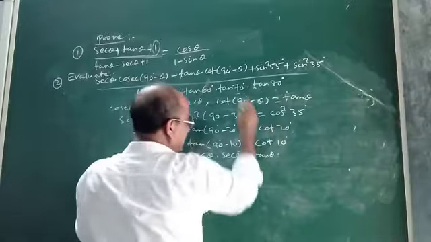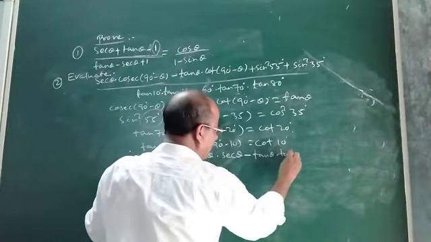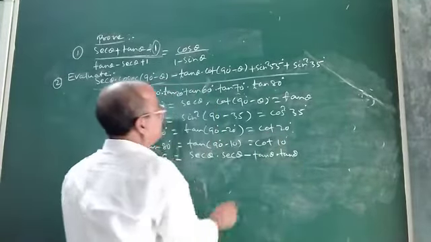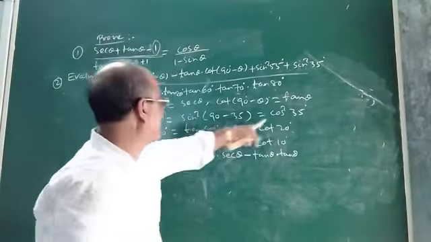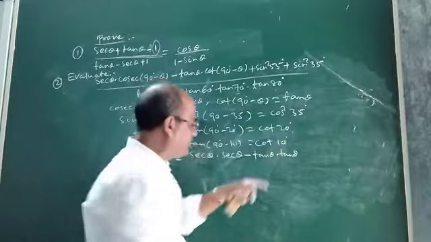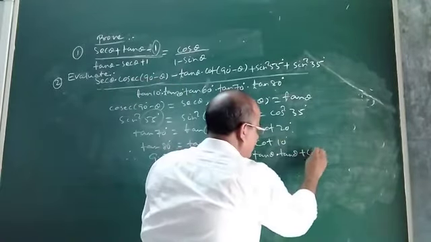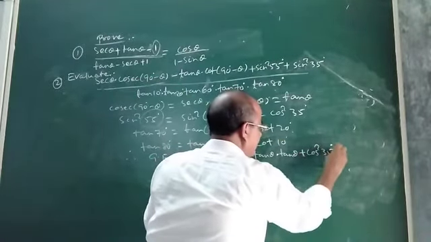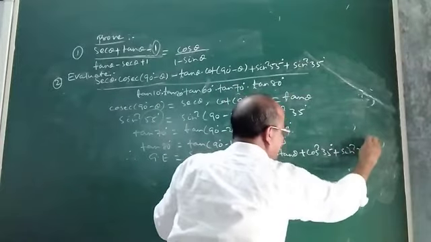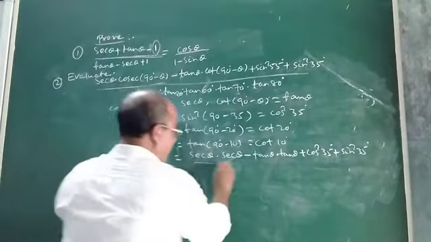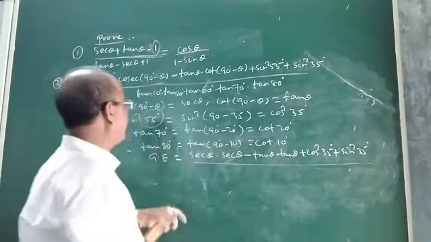Cot 90 minus theta is again tan theta, so tan theta into tan theta. Sin square 55 degree equal to cos square 35 degree, so you put here cos square 35 degree plus sin square 35 degree. Whole divided by.